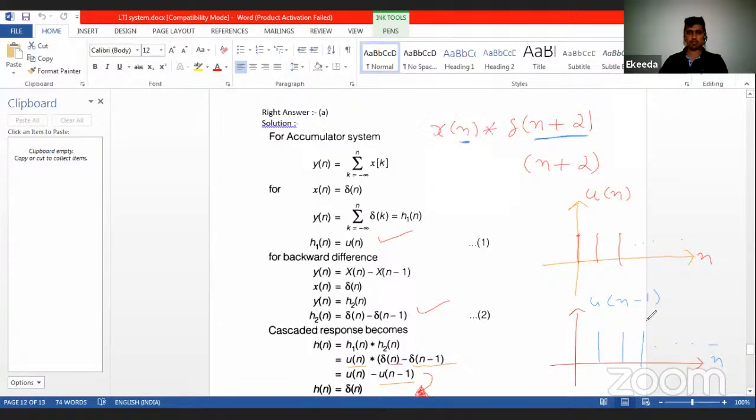So this minus this will result in an impulse at n equals 0. That's why we have written del(n), because only this will be left. When we subtract, all others get subtracted and this will be left. Now coming to the next.